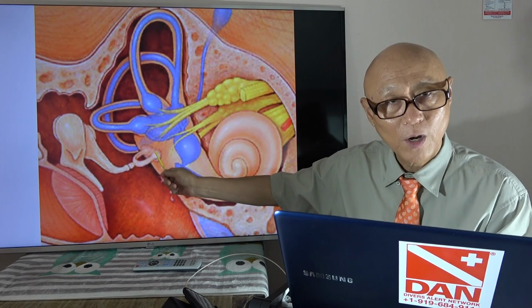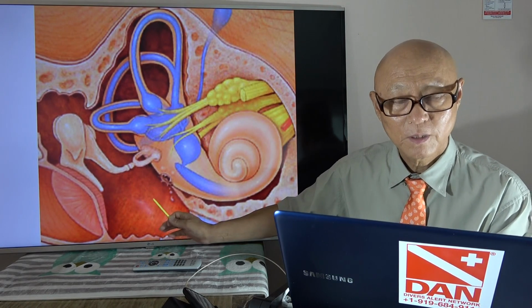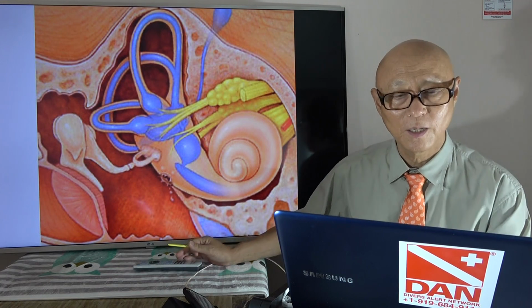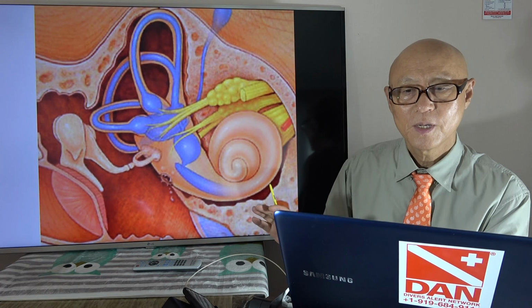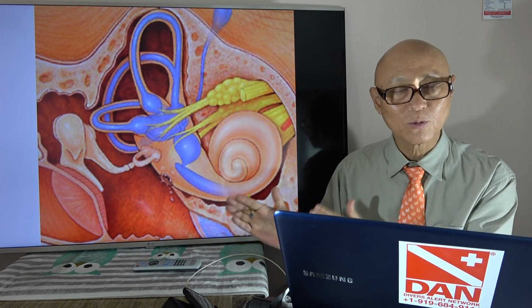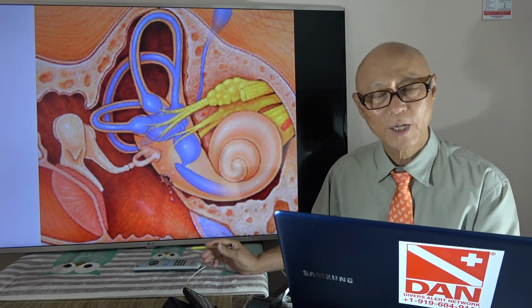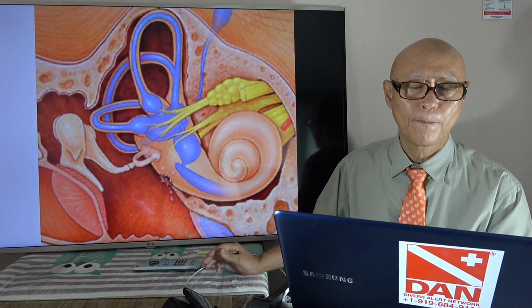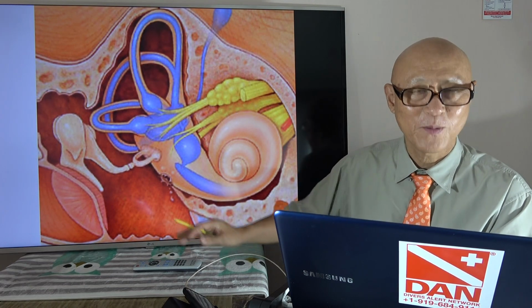So this is the oval window and this is the round window. I don't know the exact difference between the English words oval and round, but in human anatomy there are some oval and round things. So probably when I talked about patent foramen ovale, that's the oval foramen.